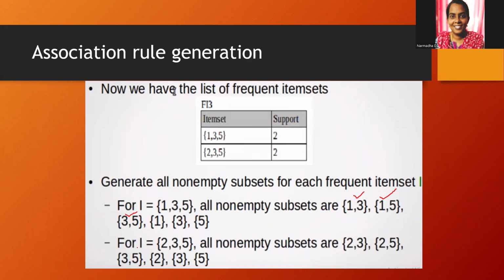Similarly, for the next item set 2, 3, 5, it is 2 separate, 3 separate, 5 separate, 2, 3, 2, 5 and 3, 5. These are all the non-empty subsets we have generated.